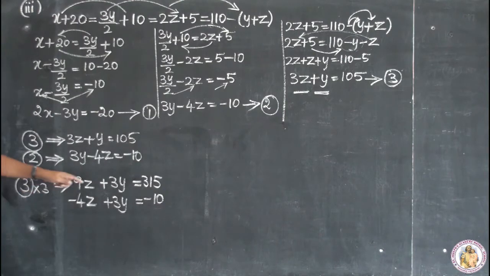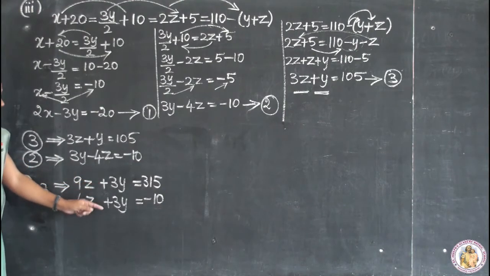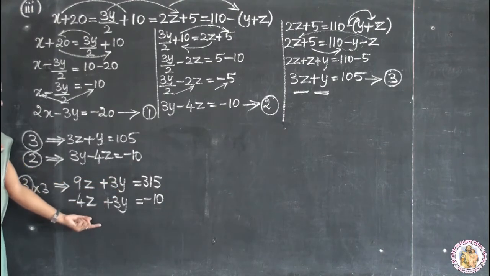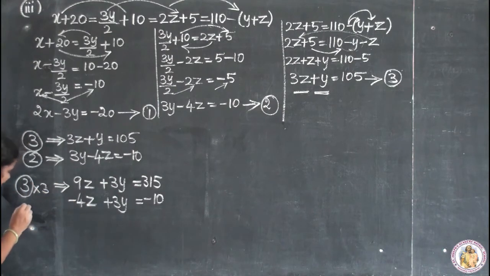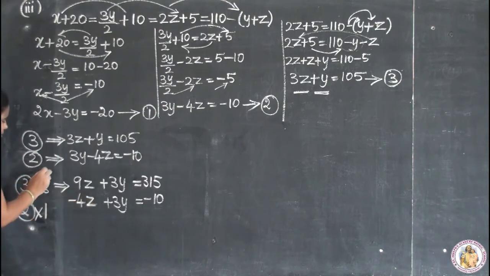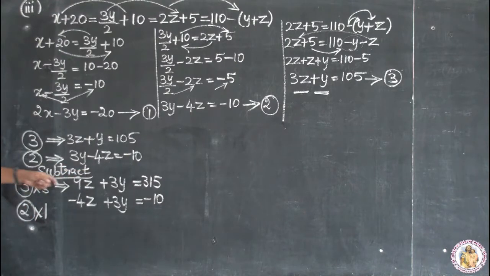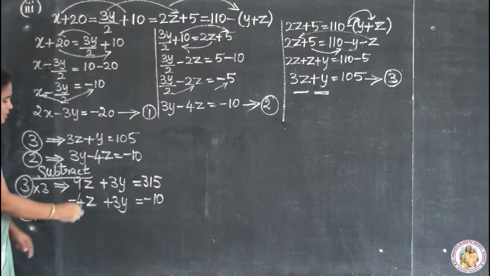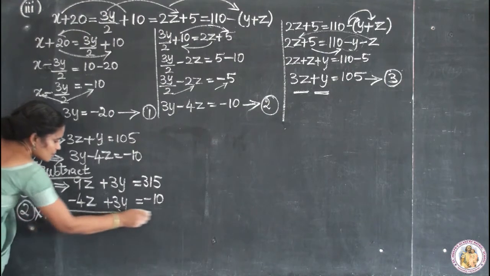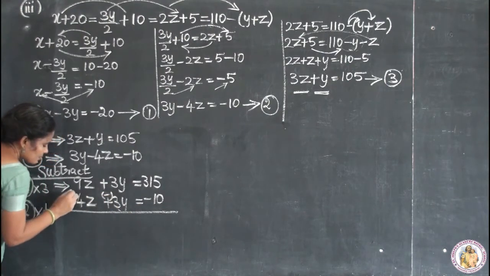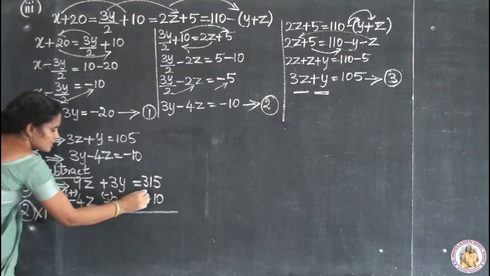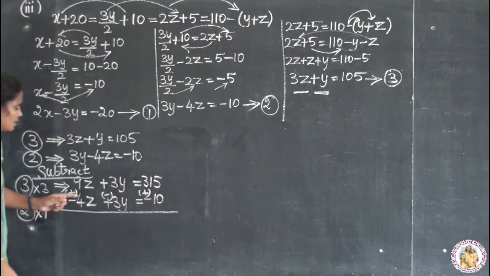Now you can see we have the same sign, so it is unable to cancel for us. To cancel, if you have different signs, use addition. If you have the same sign for cancellation, use subtraction. Change the sign for all the terms.